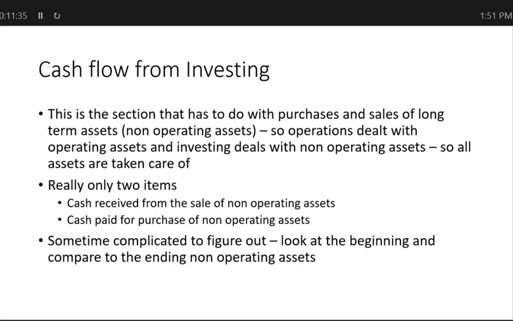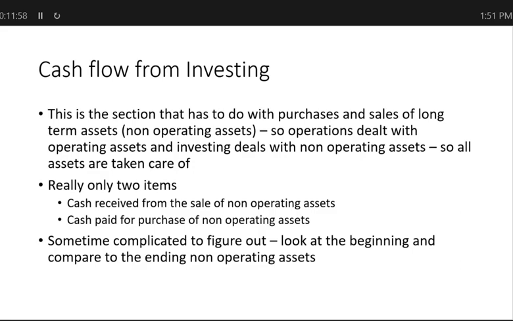So the next big section is investing. So you've got three big sections: operating, investing, and financing. And within your operating, you had three small sections. You had the non-cash expenses, the gains and losses, and the changes in operating assets and liabilities.